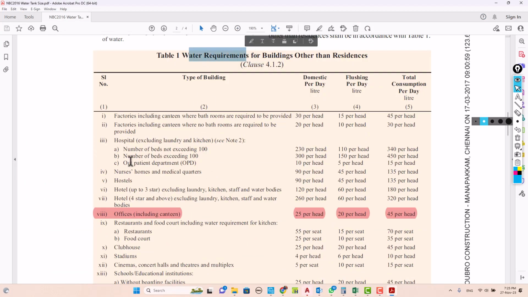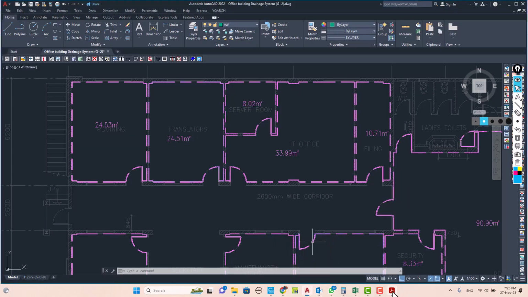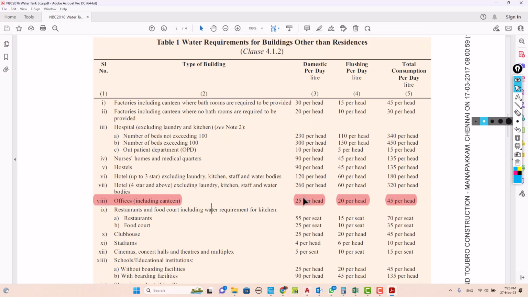So we know that this one is the office. So for office, the 25 liters, okay, per head, and for flushing is 20 liters per head, and total is 45, right? 25 is domestic.